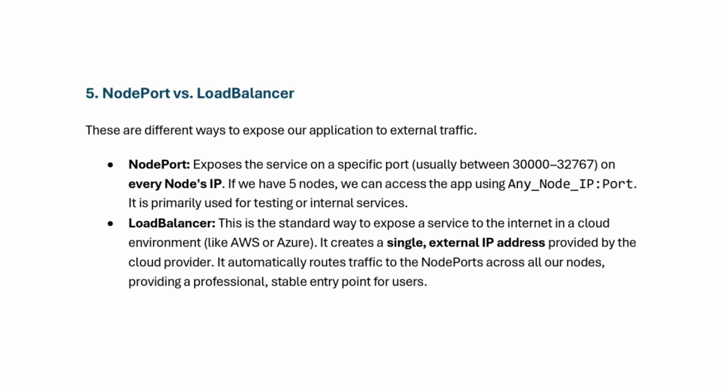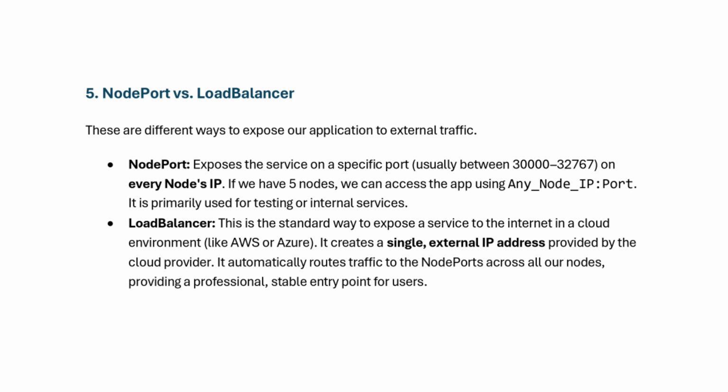Now, NodePort versus load balancer. These are different ways to expose our application to external traffic. NodePort exposes the service on a specific port, usually between 30,000 and 32,767, on every node's IP. If we have 5 nodes, we can access the app using any node IP and port.